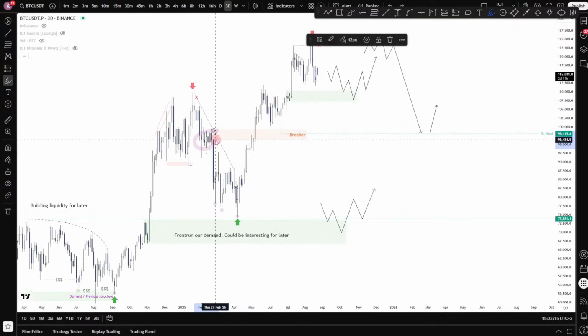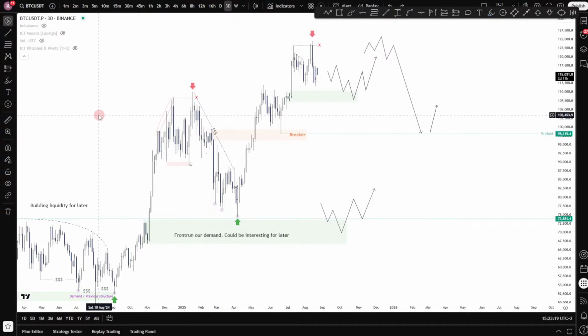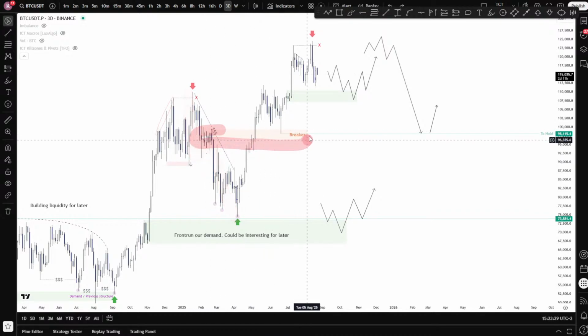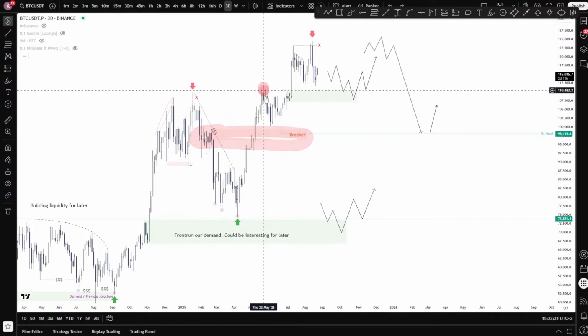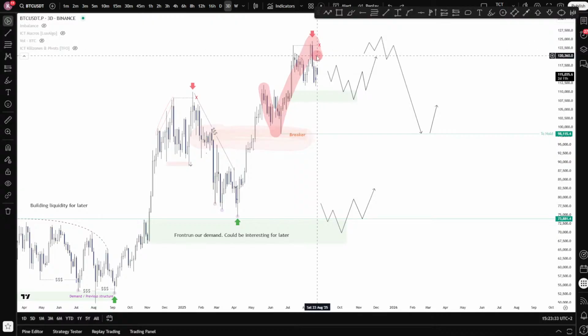And why this area? Because this area is the last pullback before we made new lows. And this is also what we flipped on support. This is your breaker block. We used it as support as well to start pushing towards that all-time high again.